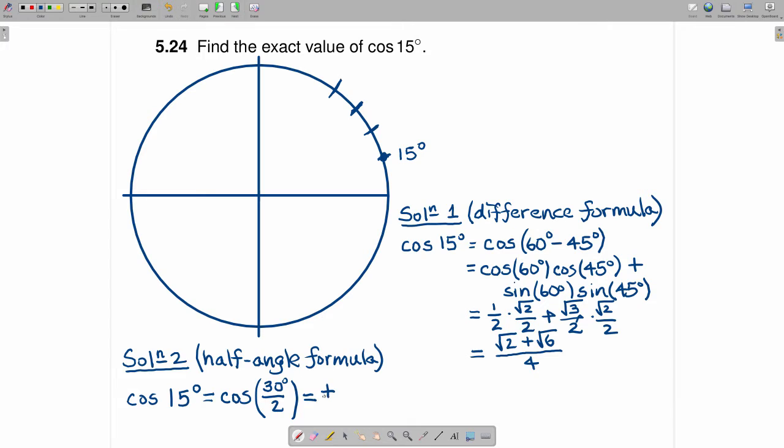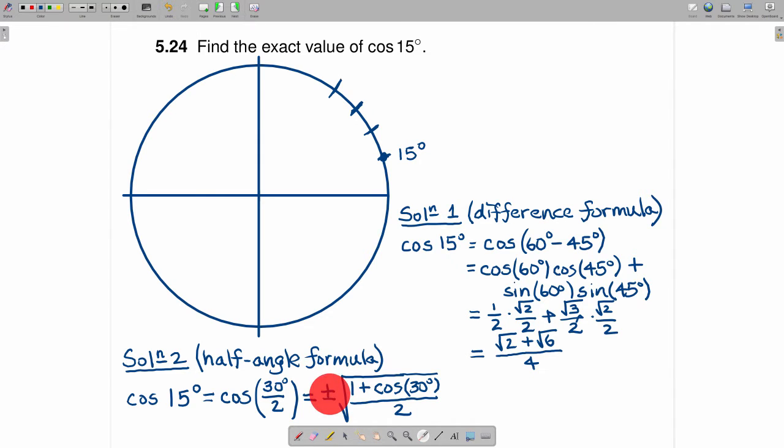And if you go to the half angle formula, this will be plus or minus the square root of 1 plus the cosine of 30 degrees divided by 2.